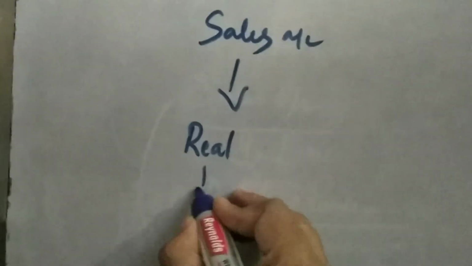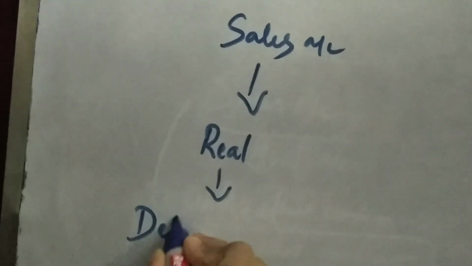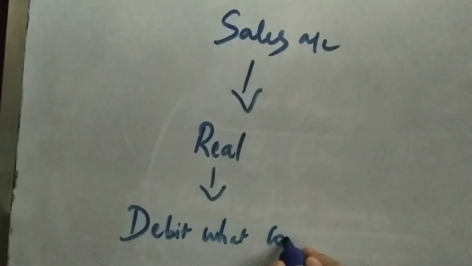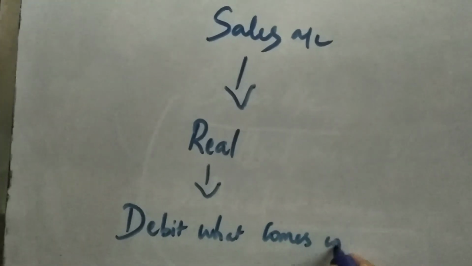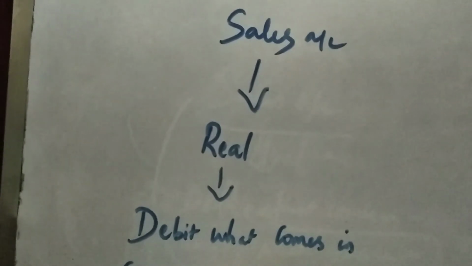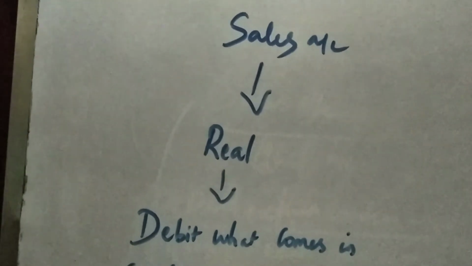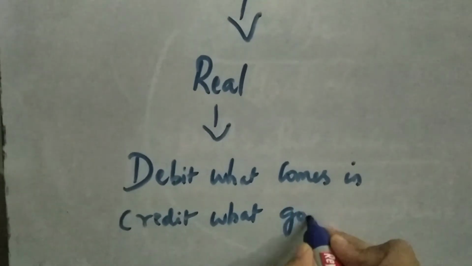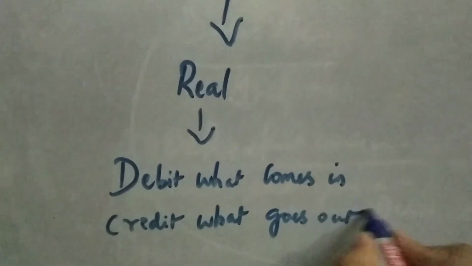So what about real? Debit what comes in and credit what goes out.